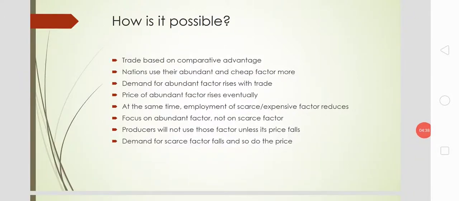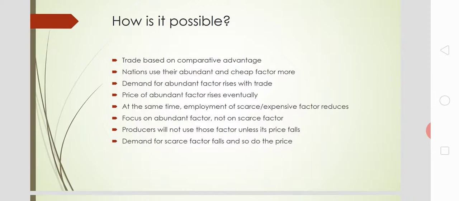How is factor price equalization possible in both nations due to international trade? As you all know, trade is governed by the differences in comparative advantage, or trade is driven by the differences in comparative advantage. That means the capital abundant nations export capital intensive commodities, on which the capital abundant nations have the comparative advantage.